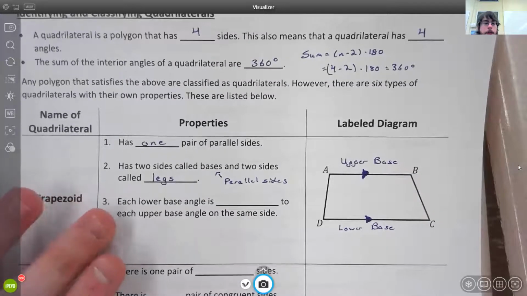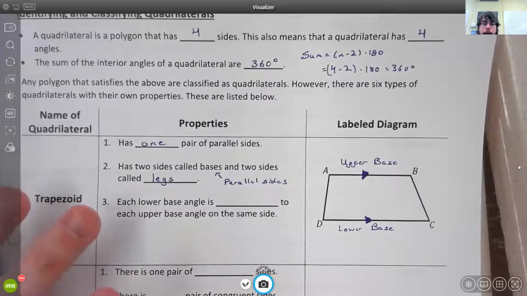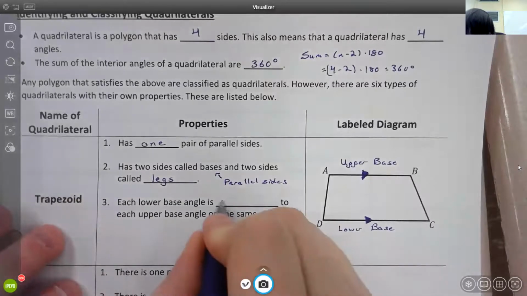So, next property, the last property trapezoids have, each lower base angle is supplementary to each upper base angle on the same side.